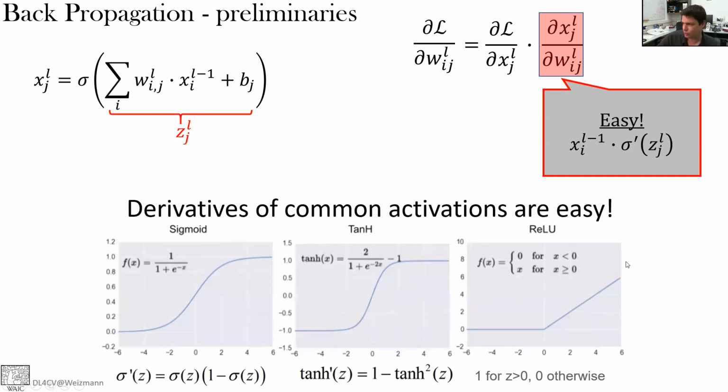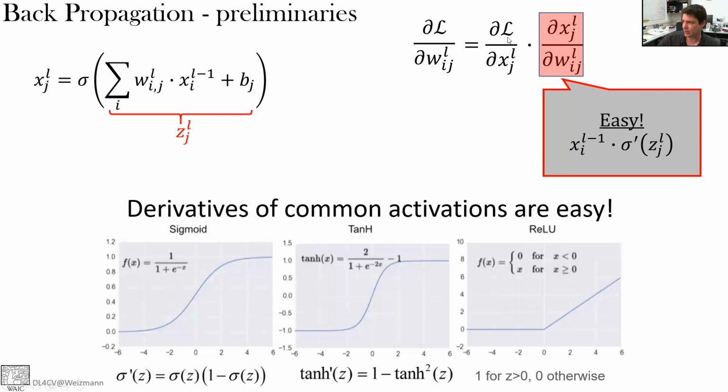For ReLU, the most common one, it's embarrassingly simple: the derivative is just either multiplied by 1 or multiplied by 0. In some cases you kill everything, and in other cases you leave it as it is, depending on the value of x or z.